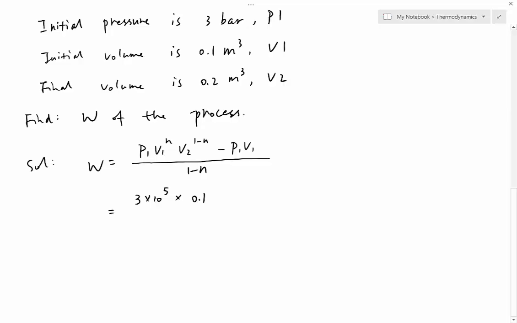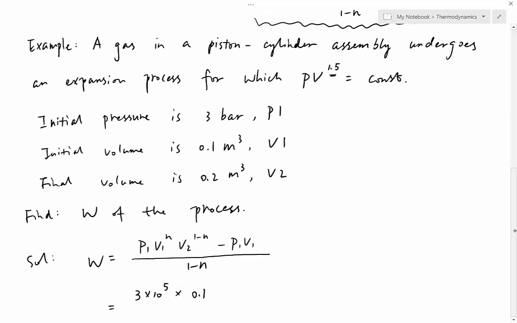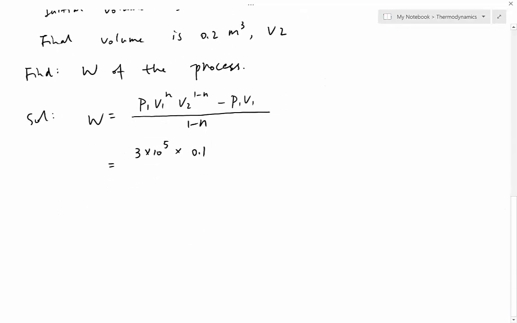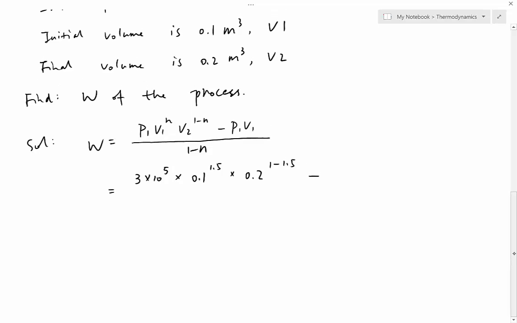And n, the index n, what is index n? It's given. It's 1.5. So index 1.5 multiplied by V2. V2 is given, 0.2 cubic meter. And then again, index 1 minus 1.5 minus P1 V1. Okay, let's do it again.